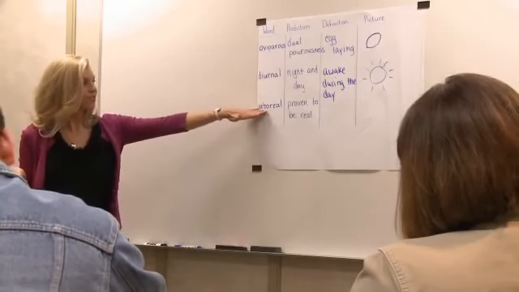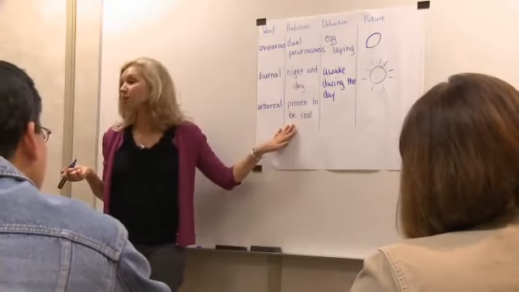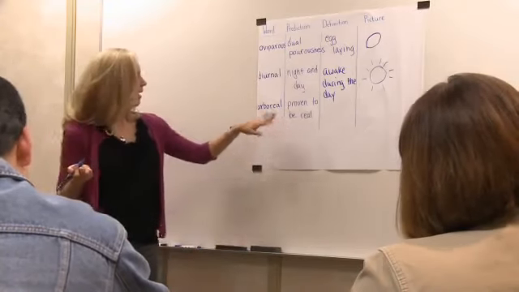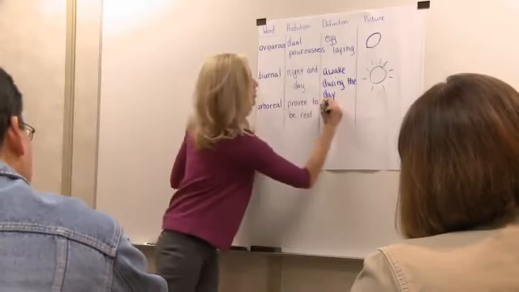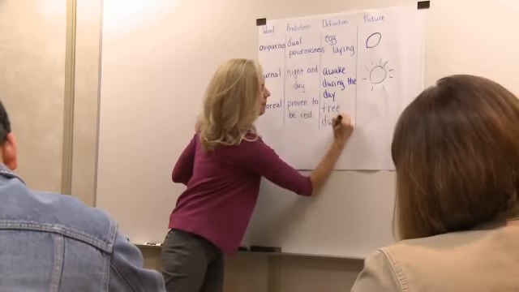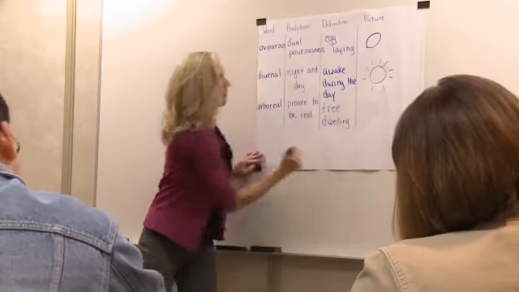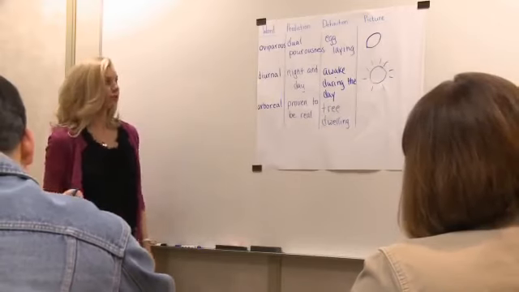Okay, the next word is arboreal, and our prediction was proven to be real. The actual definition of arboreal is tree dwelling. You might have seen the word arbor in there, the root word arbor.